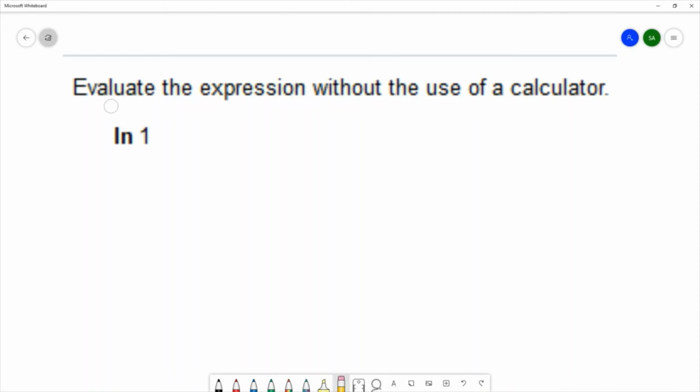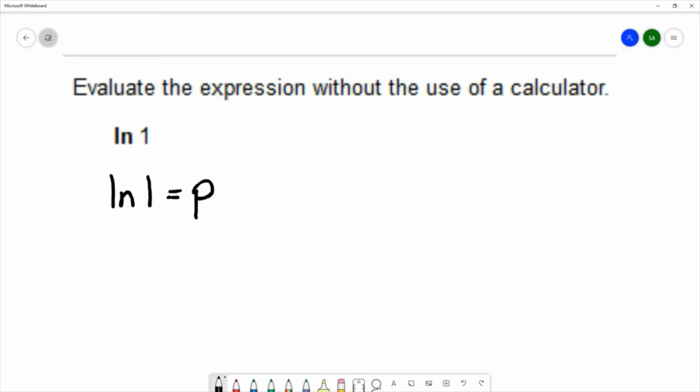We want to evaluate the expression without the use of a calculator. The expression we want to evaluate is natural log of 1. Well, I'm not sure what this expression equals, so I'm going to say that it is equal to p.